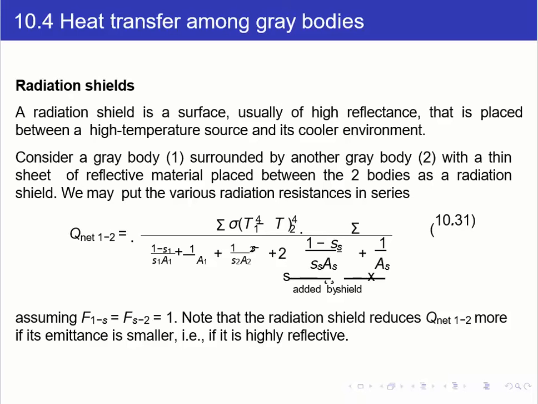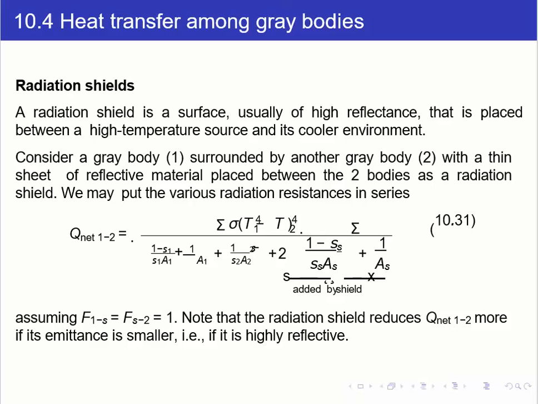Let Q net be for the process 1 to 2, that will be sigma (T1 power 4 minus T2 power 4) divided by the summation of (1 minus S1)/(S1 A1) plus 1/(A1) plus 1/S2 A2 plus resistances of the shield, assuming that the viewing factors 1 to S and S to 2 are equal to 1.